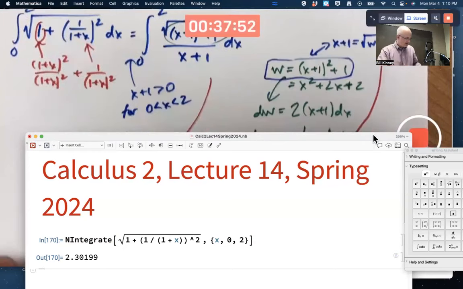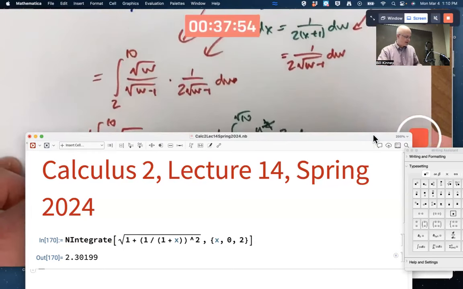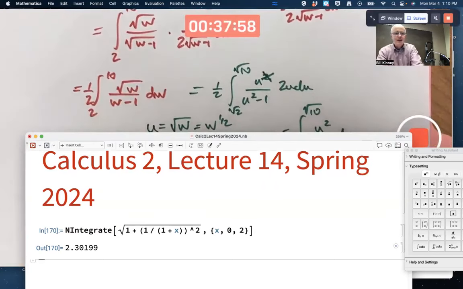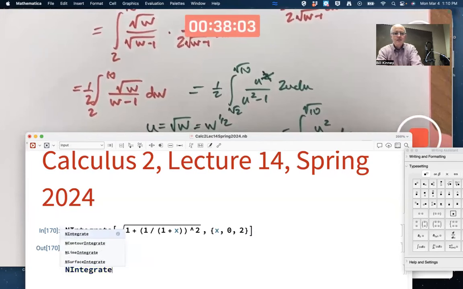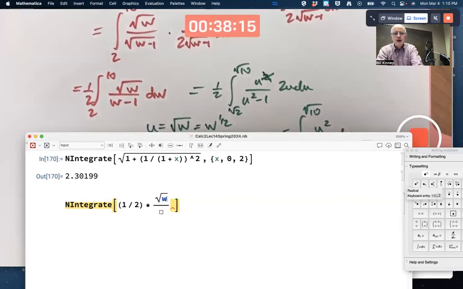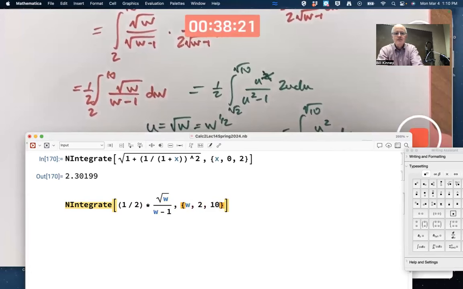Let's check that these other integrals integrate the same thing. We'll try this one next, right here. NIntegrate. It's a capital N and a capital I. 1/2 times the square root of w over w minus 1. w goes from 2 to 10.